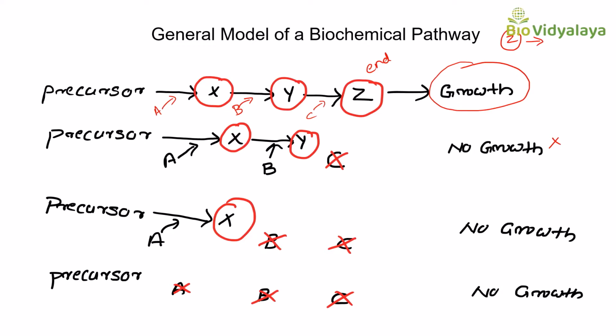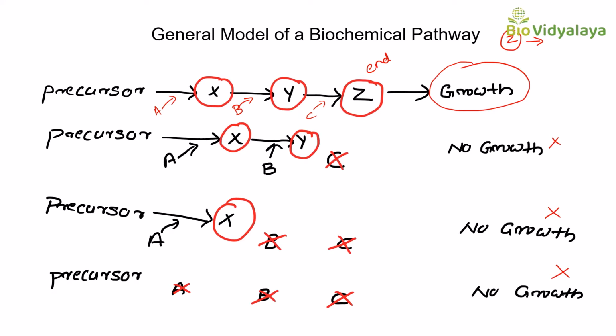So there is no growth. Next, enzymes A, B and C are all absent. So Z will not form and there is no growth. If we provide Z directly to the growth media, then we can see the growth.